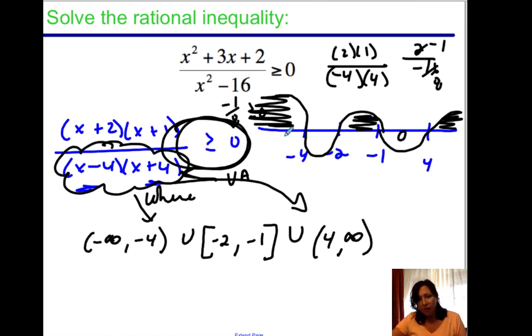So that's why they're just going to be parentheses on my vertical asymptote. So just a note, you can go through and put brackets all throughout, but remember that you're going to need to fix the ones that are vertical asymptotes. Like this one would be a parenthesis. Even though it looks like it'd be a bracket because it's greater than or equal to, it's never going to be a vertical asymptote because you can't touch it.